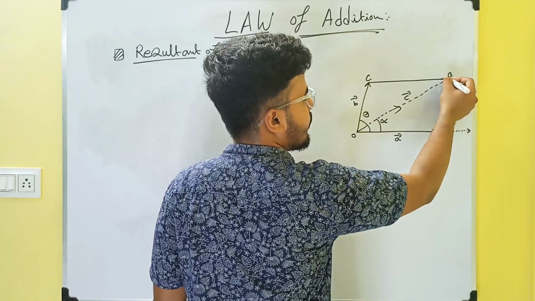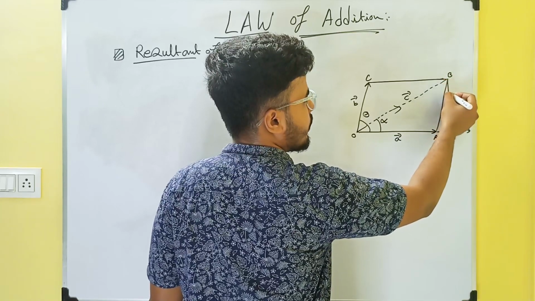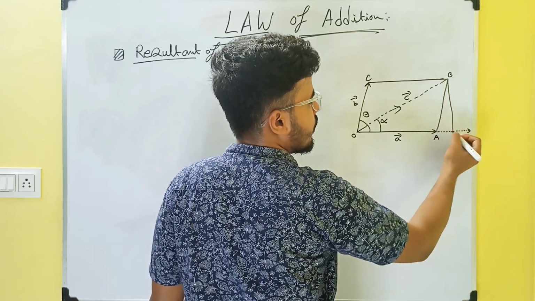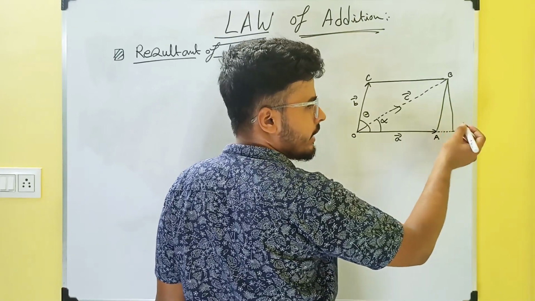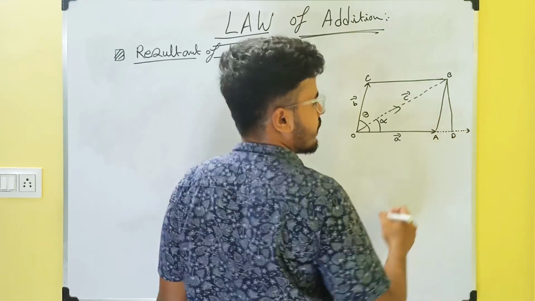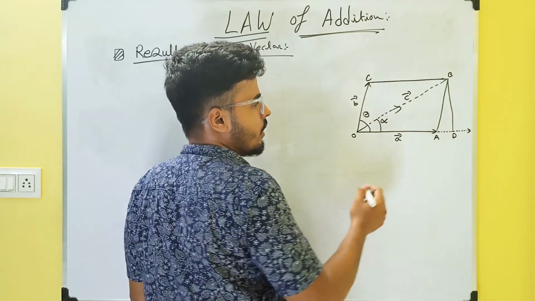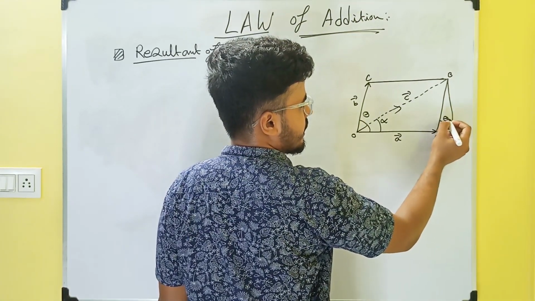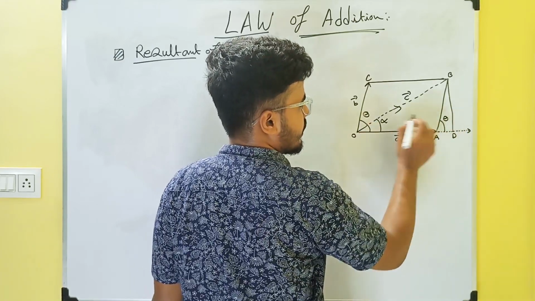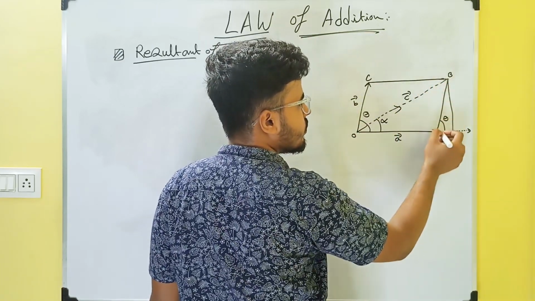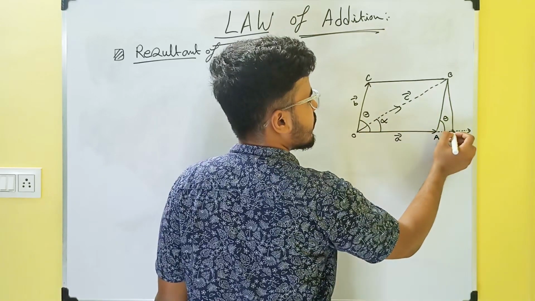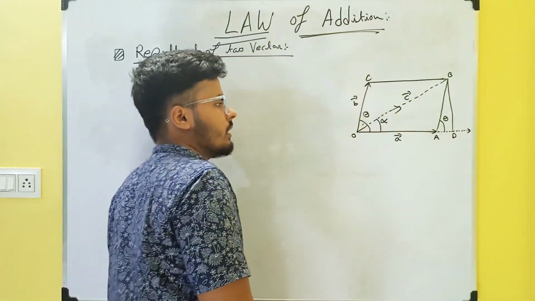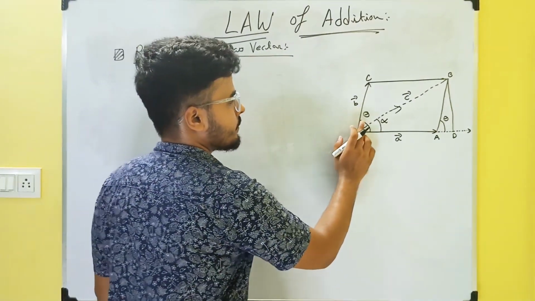Draw a perpendicular from point B on the expanded OA, and let's say this point is D. Now, what is this angle? This one is theta. We know that these two are parallel, so if this is theta, this will also be theta.